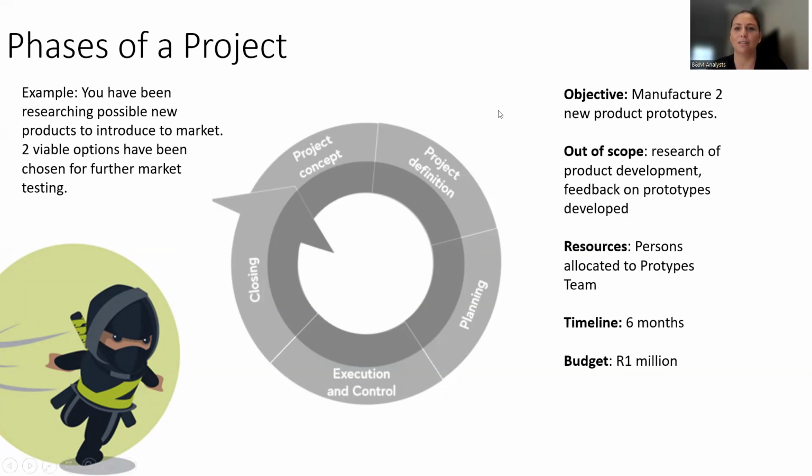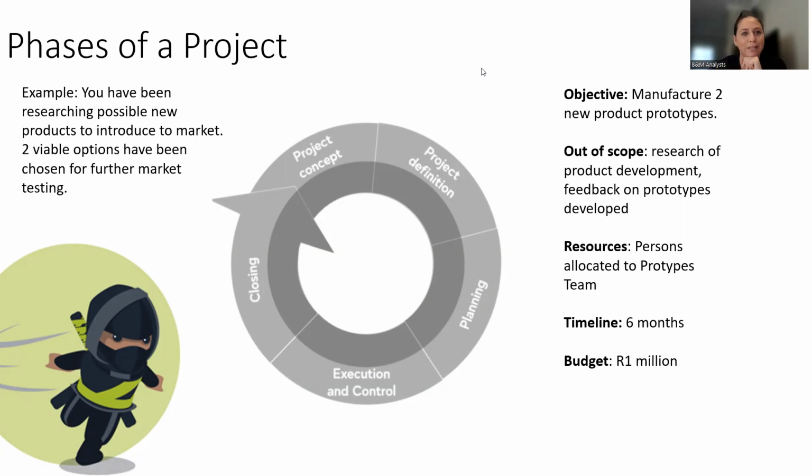Okay, so here, this objective is to manufacture 2 product prototypes. What's not in the scope is the research of the product development that's been done and feedback on prototypes developed. The resources are all the persons allocated to the prototypes team.